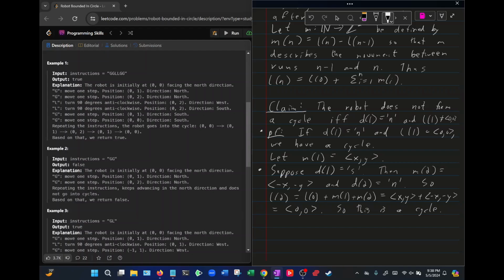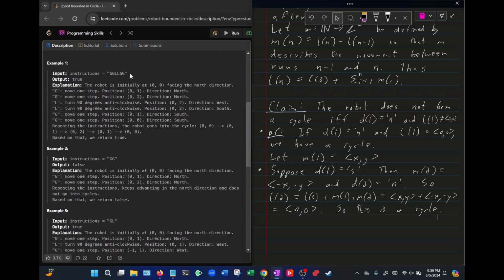And so if you want to, for any particular n, so not using n to refer to the number of times through the instructions, but the actual number of movements and the actual number of points that the robot will iterate through, to find where the robot will be at any particular point in time, you could use some sort of division with remainder to figure out, for that n, how many movements you are past the last time you were at the origin facing north at the beginning of a cycle.